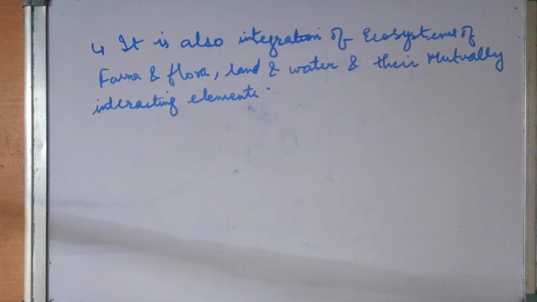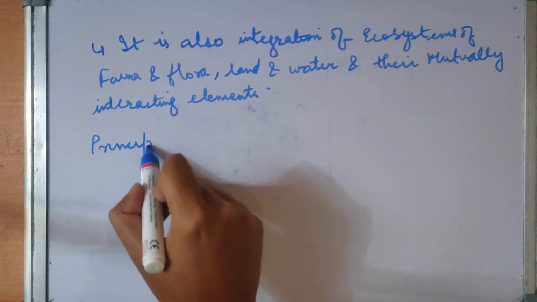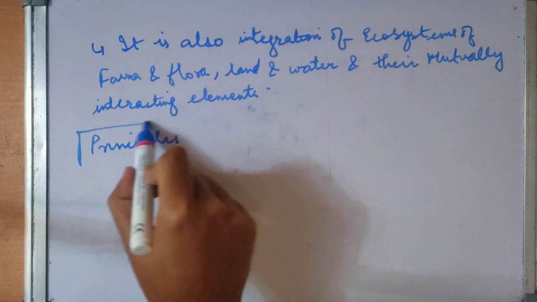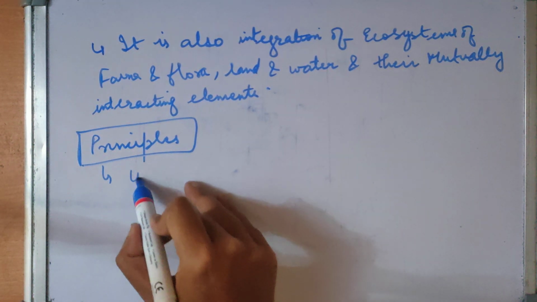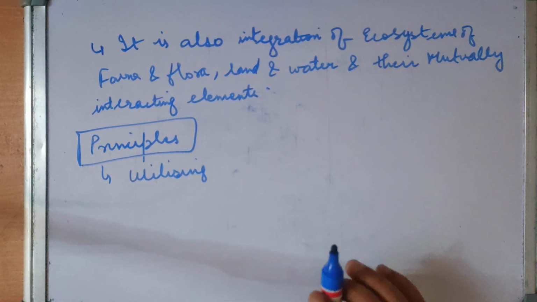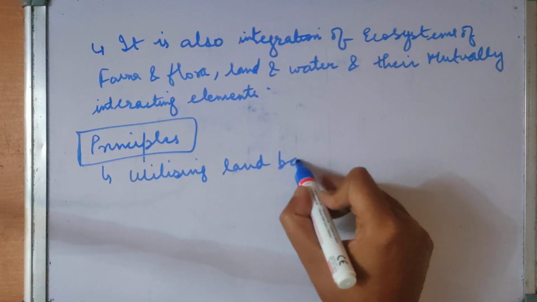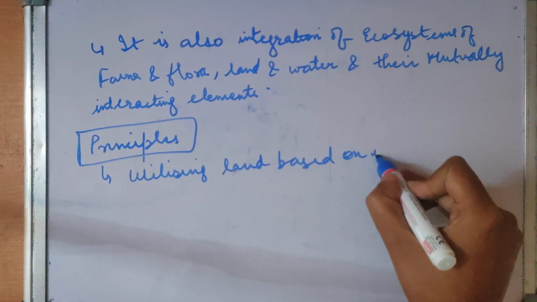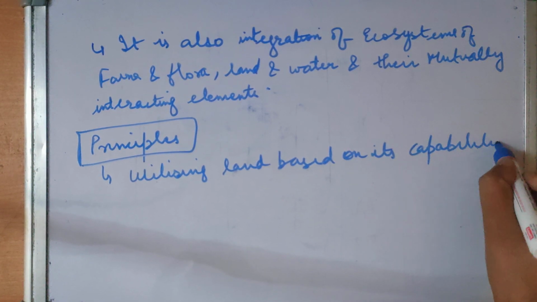Now, what are the principles of watershed management? First of all, utilizing land based on its capability. How much the land is capable of, we will utilize like that.